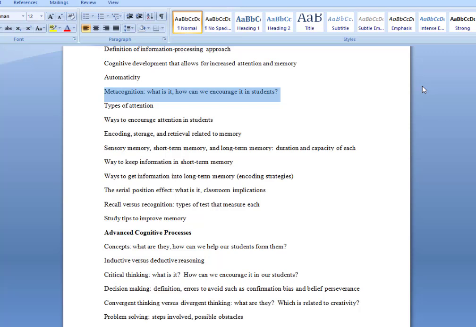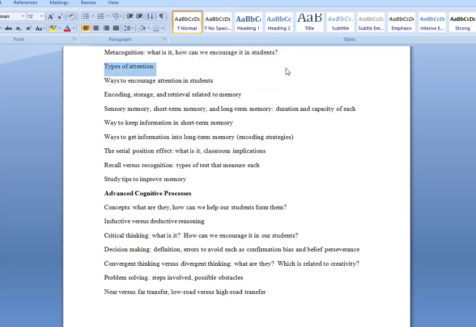So we could encourage this in our students by having them look at the way they're studying, for example, or look at the way they're approaching a problem and try to decide, is this actually working for me? Do I have good results from approaching the problem this way? So having them pay attention to their own strategies, basically.